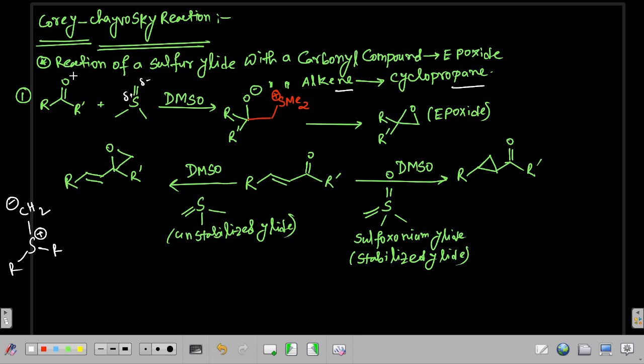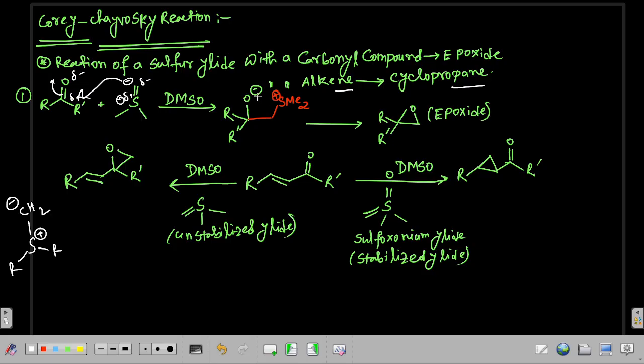In case of carbonyl, oxygen is negative and carbon is positive. So this carbon, which is minus, will attack on this carbon, and this double bond will shift here, and it leads to the formation of this alkoxide, whose bond is attached to CH2SMe2 plus.